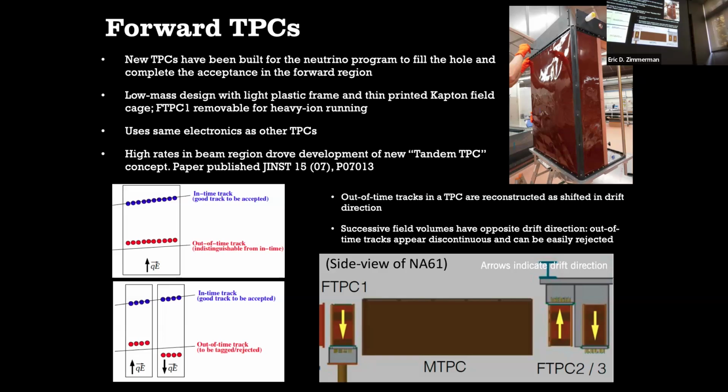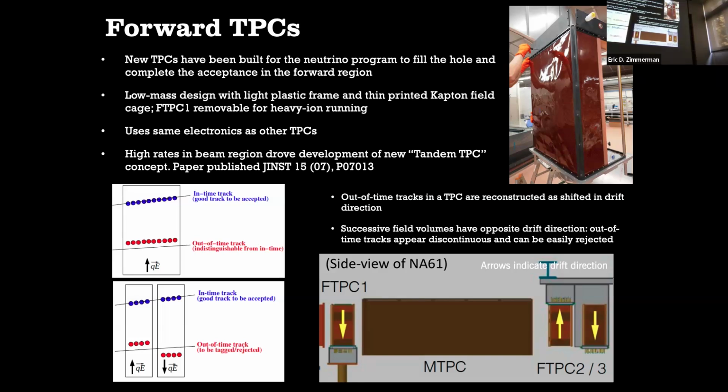So if you have a TPC, you have an in-time track, it's a good track, you reconstruct it properly. If you have an out-of-time track, it's indistinguishable from an in-time track, but apparently shifted in the drift direction. So what we do is we have 2 successive TPC volumes with the drift in opposite directions.